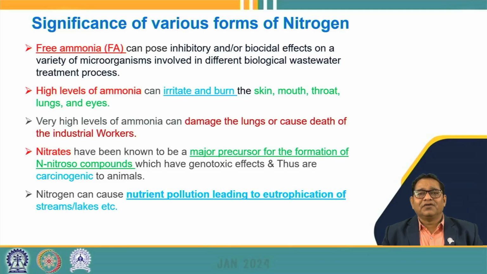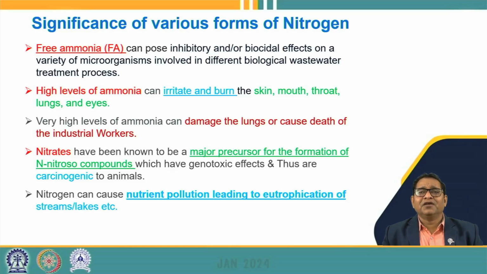Similarly, the nitrate form of nitrogen is one of the major precursors responsible for the formation of N-nitroso compounds, which have genotoxic effects and are termed carcinogenic compounds. Nitrogen can also cause nutrient pollution, leading to the eutrophication of receiving water bodies like streams and lakes.